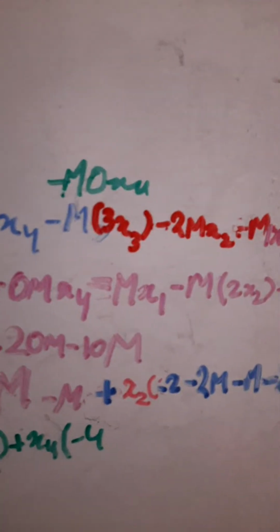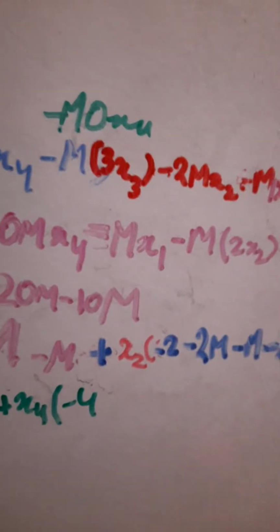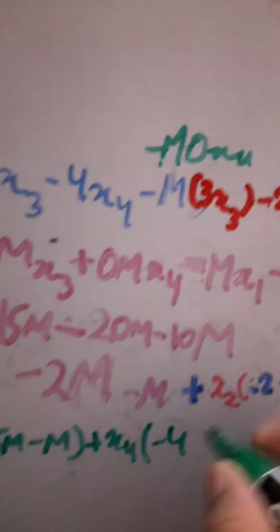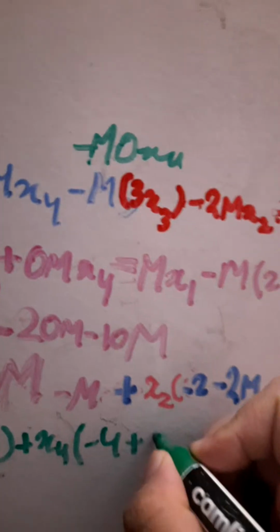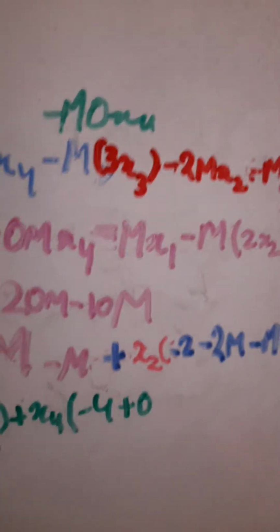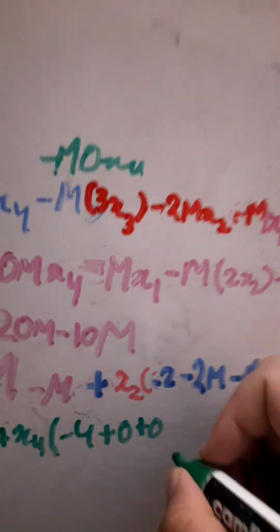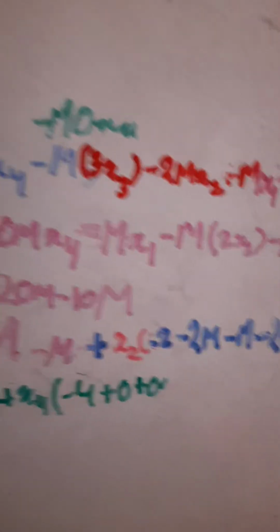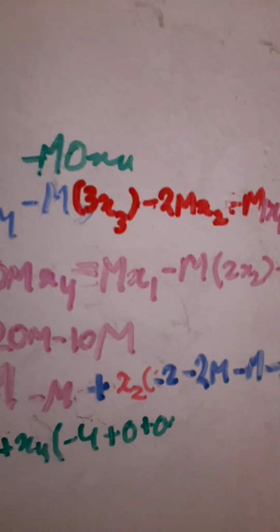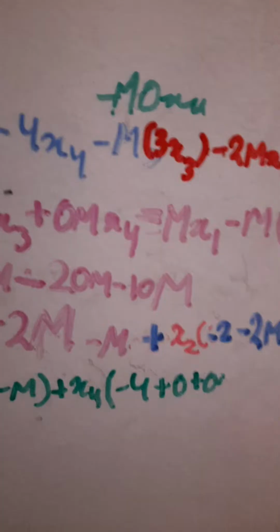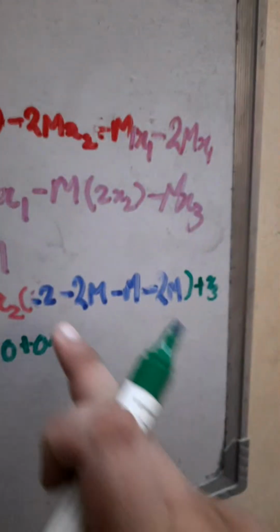But anyways it would be 0, minus 4 plus or minus 0 doesn't matter, 0m is still 0. Then the second one is also 0. Then it would be minus mx4, so minus m comes when we take out x4.